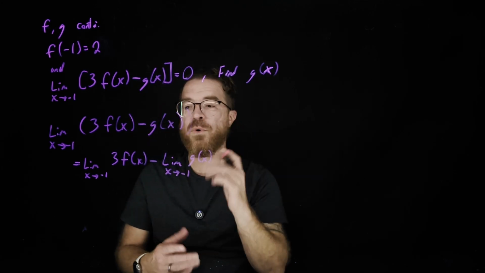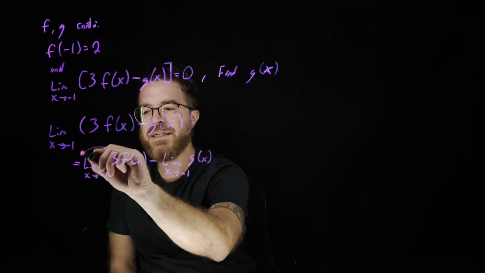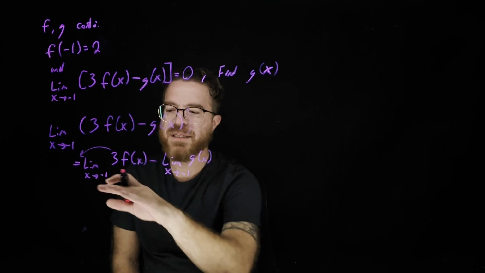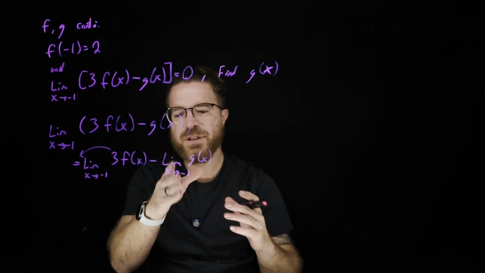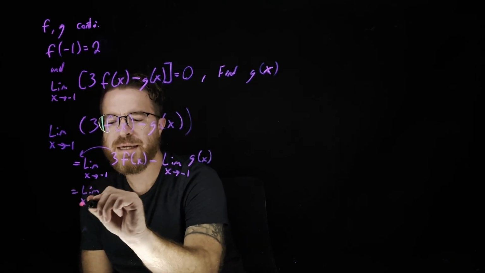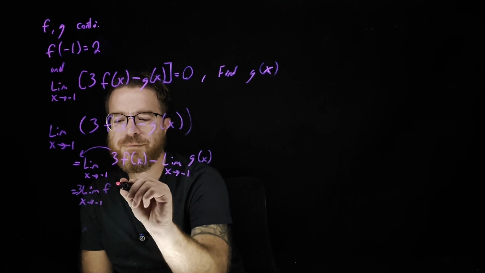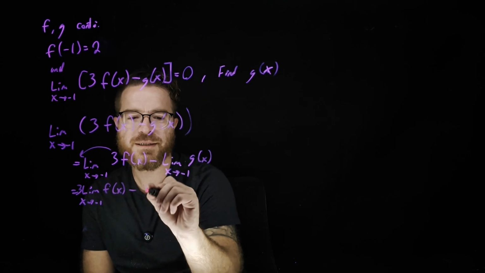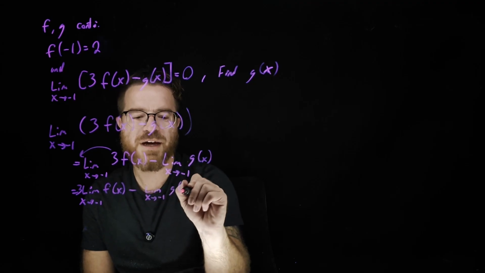And now that we have it in this form, we have the limit of a constant times our function. I can pull that constant out, so I'll have 3 times the limit as x approaches -1, f of x, minus the limit as x approaches -1, g of x. So let me write that down real quick. We have 3 on the outside, the limit as x approaches -1, f of x, minus the limit as x approaches -1, g of x.